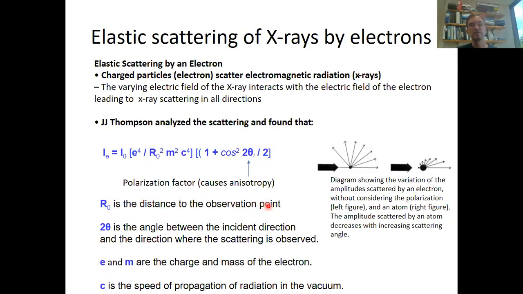So that means the distance between the electron and a detector that would measure the intensity of the scattered X-ray.